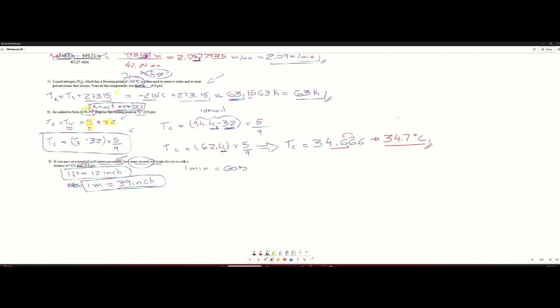Okay, so I want to walk 5,555 feet, and I want to convert this to meters. So what I have here is 1 foot is 12 inches, and 39 inches is 1 meter.